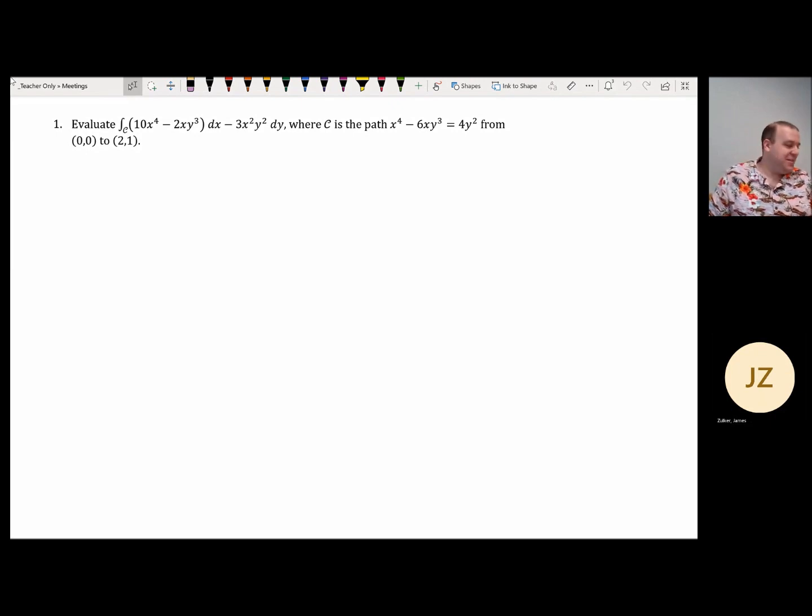Parameterizing that path should prove very interesting. Unless you recognize that that vector field is conservative. Because it is. Which means this now becomes a fundamental theorem of line integrals problem.